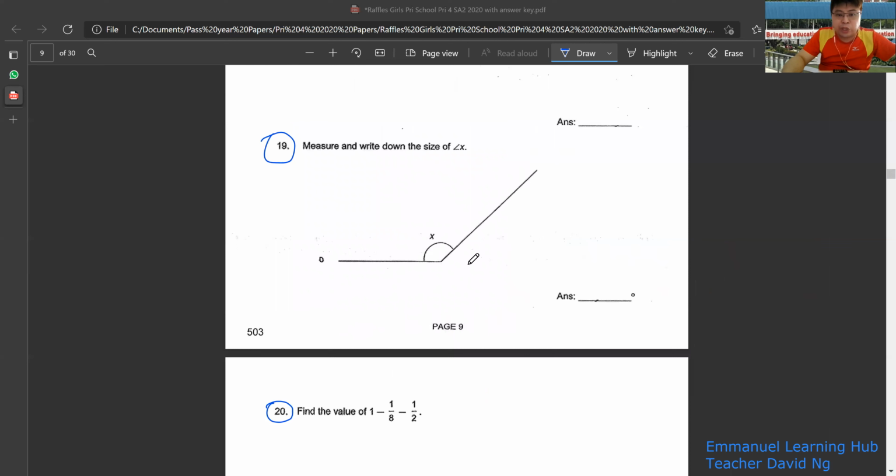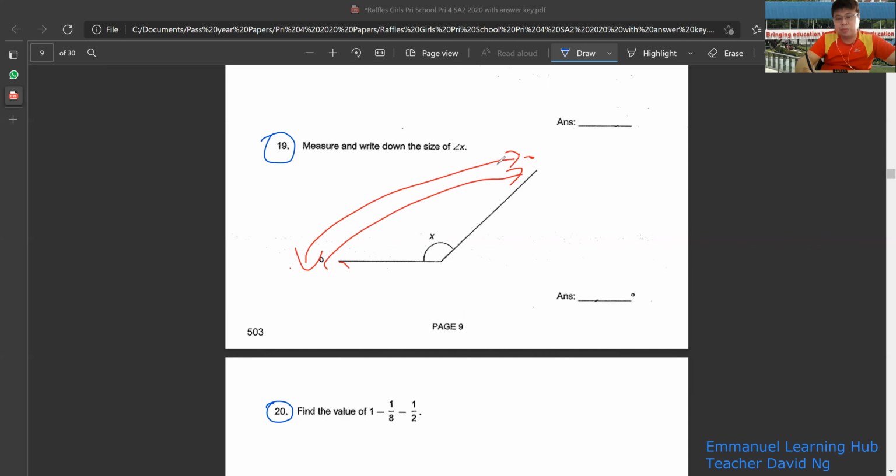Okay, this one you just use protractor and measure. You know how to measure, right? This one is more than 90 degrees. So you have to read your protractor from here. Then you see here. Read from here.